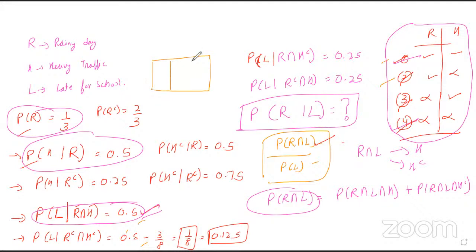Yes, these are the 4 partitions, and this is your event. Then I found the probabilities of all these 4 disjoint events, and then I used the Bayes rule formula. That's what we are doing over here. It's the same thing; I just didn't do the Venn diagram.